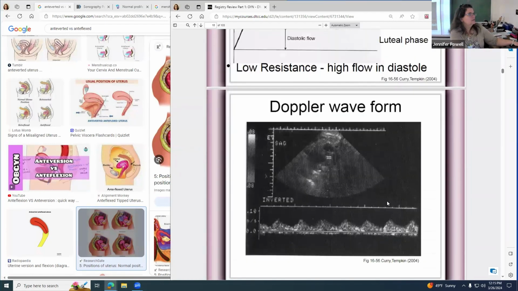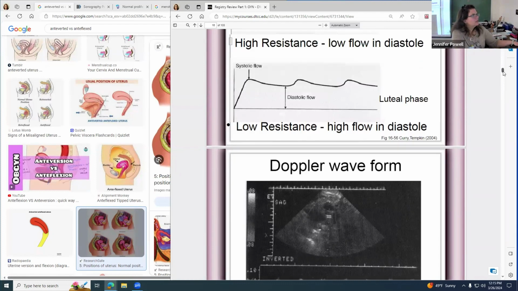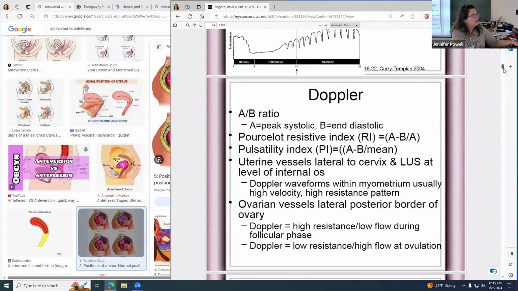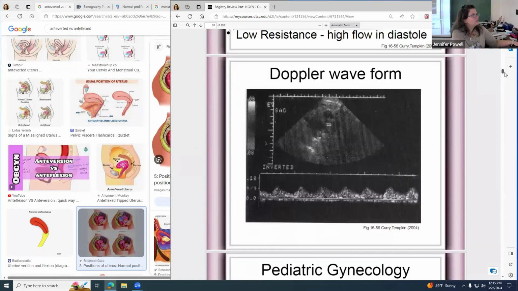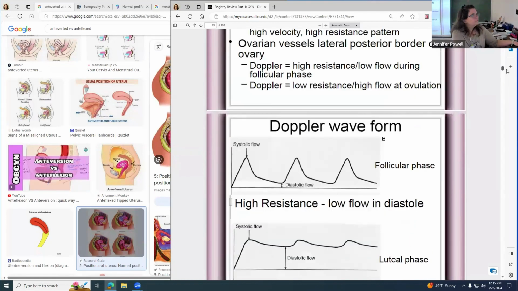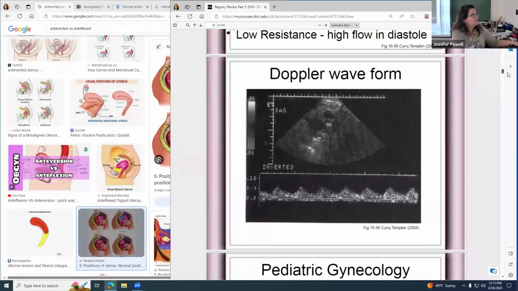So this is what the waveform is going to look like. This one looks more like the follicular phase.